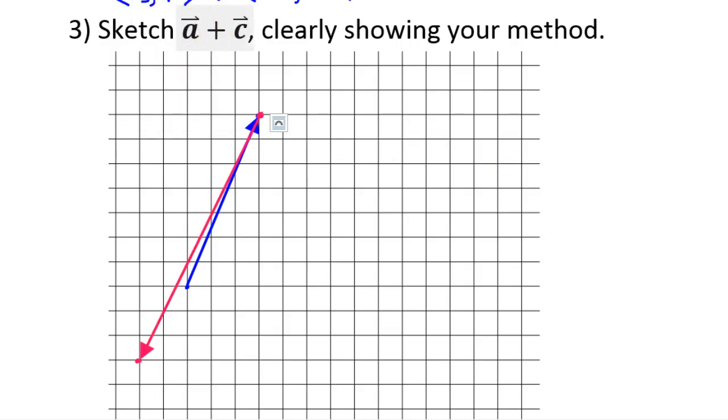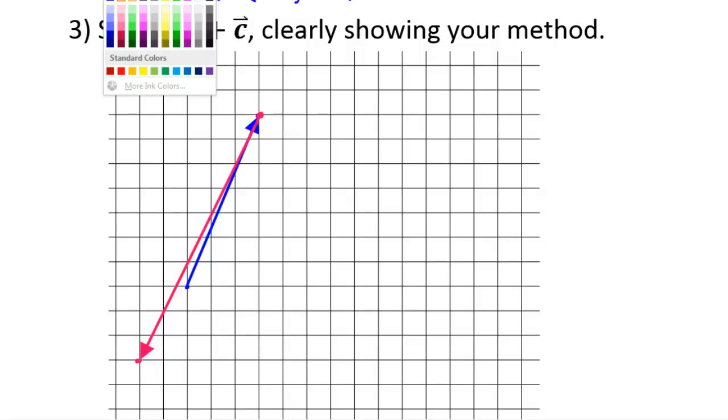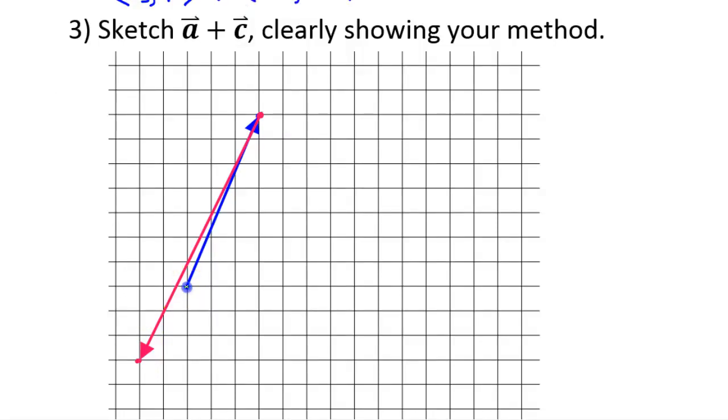Okay, now the resultant vector, the sum, should be drawn from the initial point of the first vector to the terminal point of the last vector. So my resultant vector should be drawn from this point to this point.